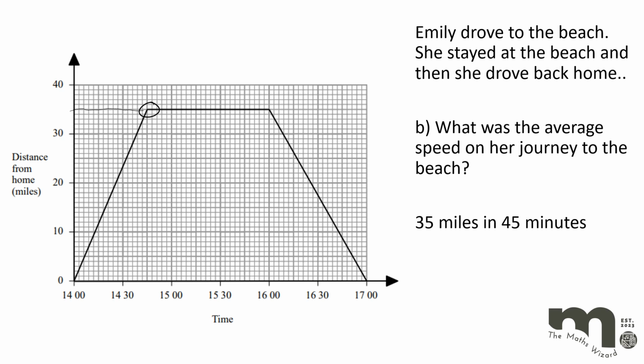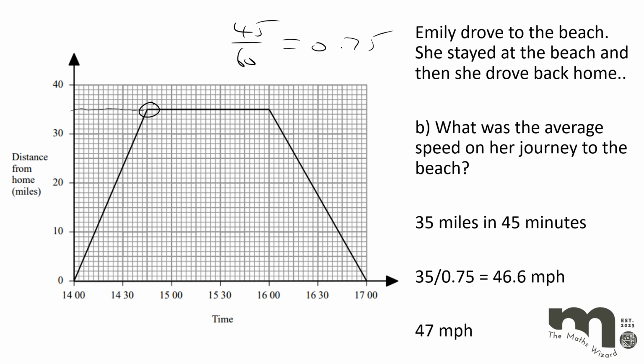Now 45 minutes, if you write 45 over 60, that is 0.75, so it's 3/4 of an hour essentially. So remember, you're doing distance divided by time. So 35 divided by 0.75 is 46.6 miles per hour, which I think is acceptable here. So round that to 47 miles per hour.